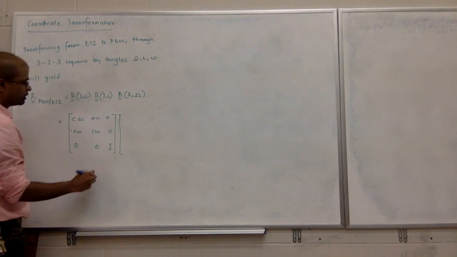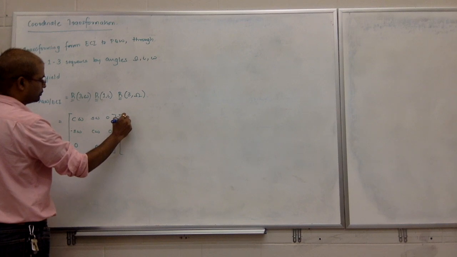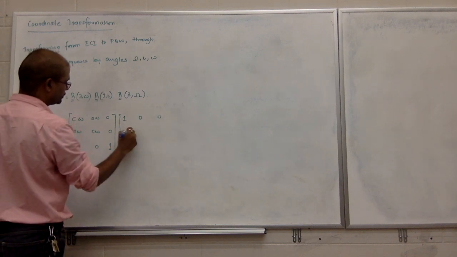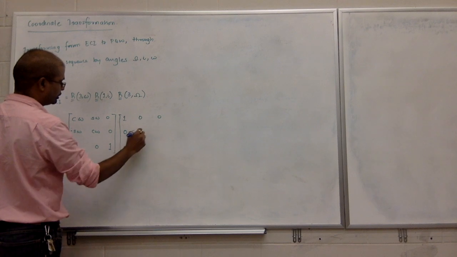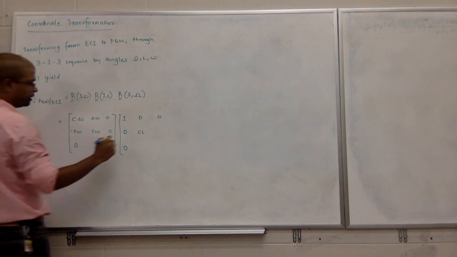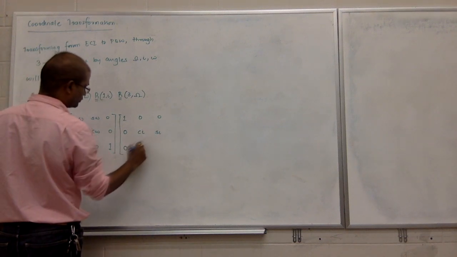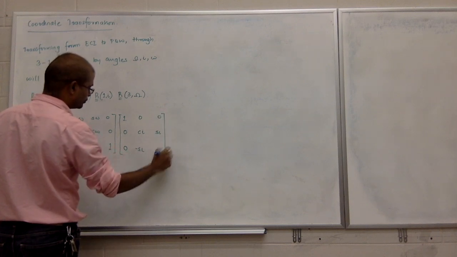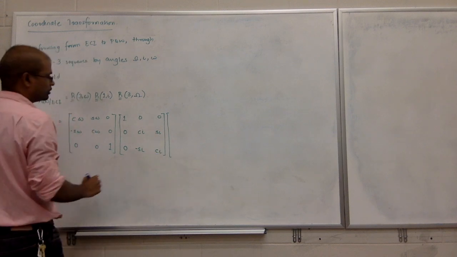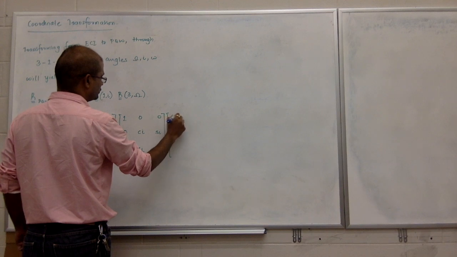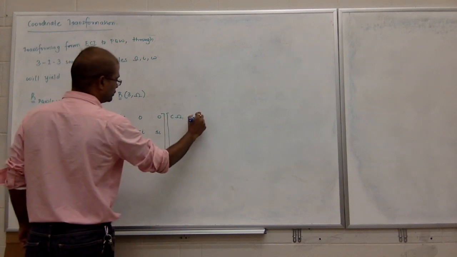And this is the X rotation: 1, 0, 0, then 0, cosine I, sine I, and 0, negative sine I, cosine I, where the angle is I. And the final one is the same as the one on the left, but with omega.